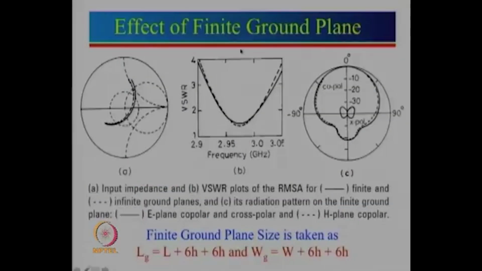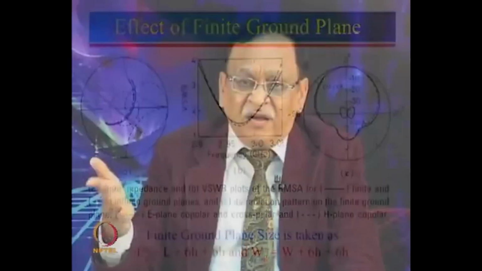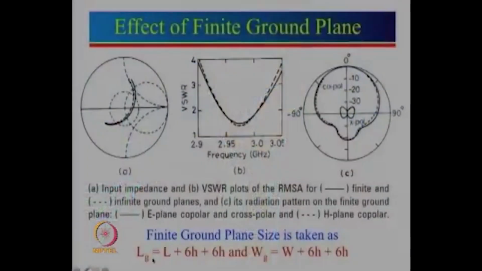Now, till now we have studied the effect of the infinite ground plane. In reality we will never take an infinite ground plane, we will always take a finite ground plane. So the question comes, what should the finite ground plane be? We studied the effect of various ground planes, and here is a result which we have shown.